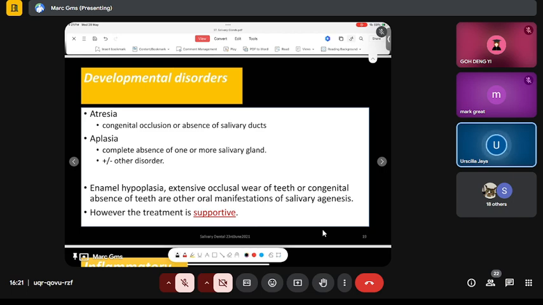Okay, so developmental disorders are atresia or aplasia. Atresia is basically congenital absence of the salivary ducts, and aplasia is complete absence of one or more salivary glands, with or without other disorders. Okay, next.